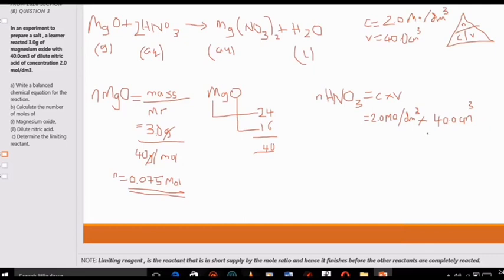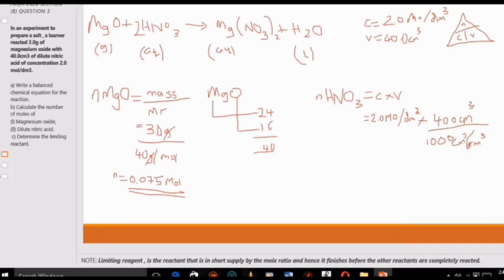So here we are going to divide by 1000 cubic centimeters per cubic decimeter.